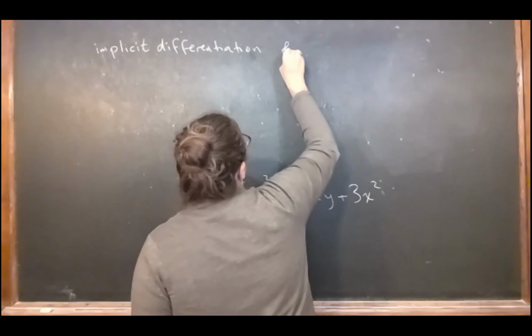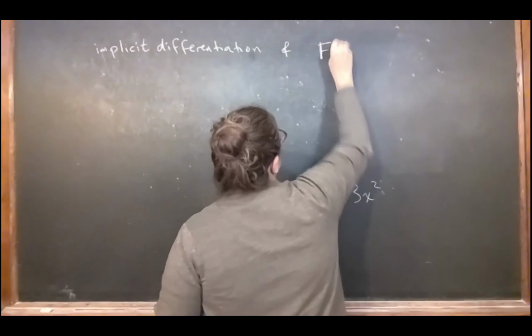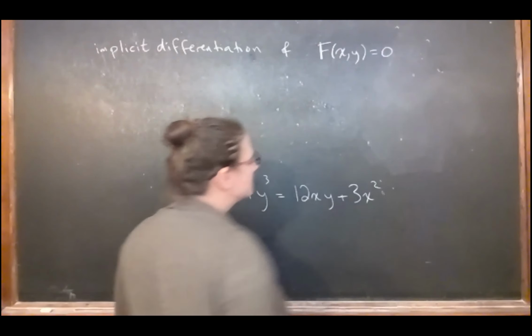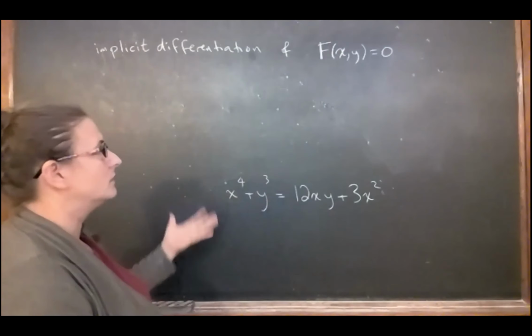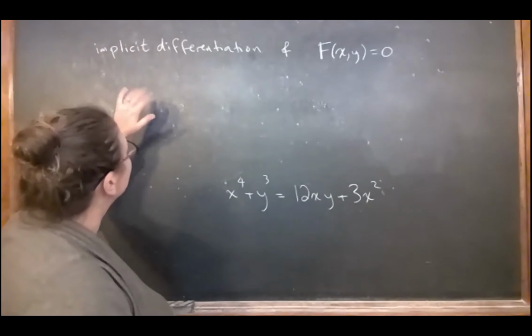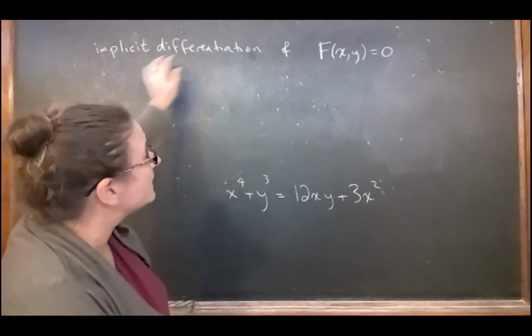And so it might be like this, or you could write it as, we'll call it big F of x, y equals 0, right? So I can put all that over.